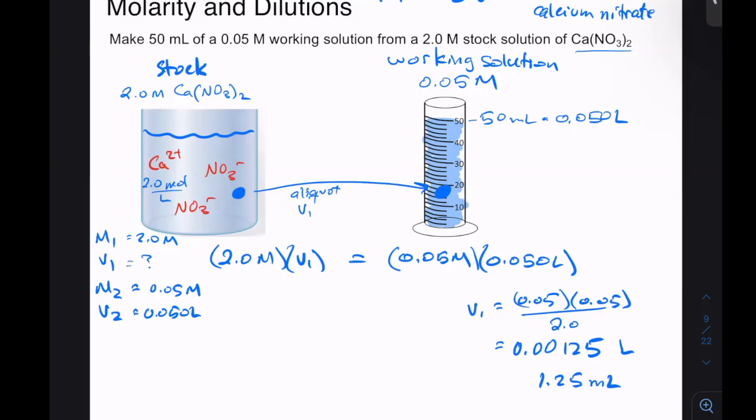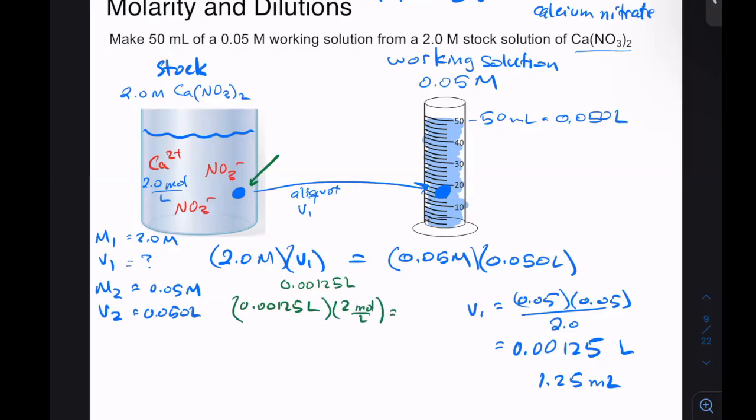Now take a look, though, at what's in that aliquot. What did we move over? In this aliquot, how many moles of calcium nitrate do you suppose are in that aliquot? Well, we can figure that out. Now we know what V1 is, right? V1 is 0.00125 liters. So how many moles is that? Well, we've got 0.00125 liters of a solution that's 2 moles per liter.